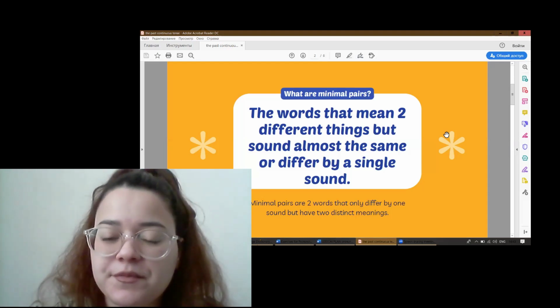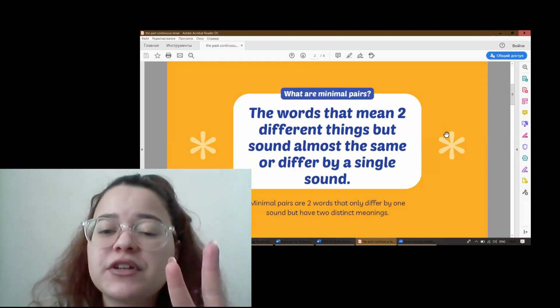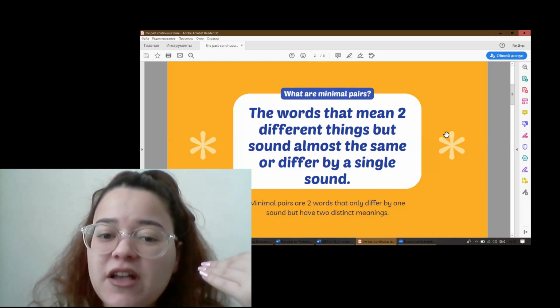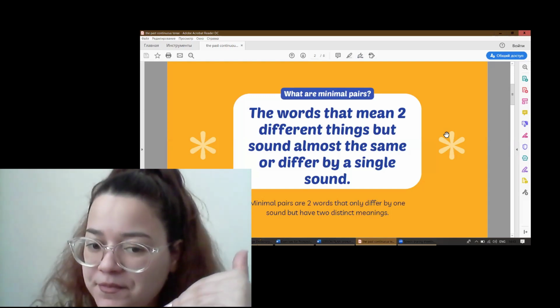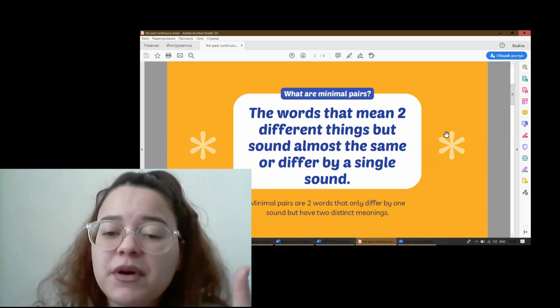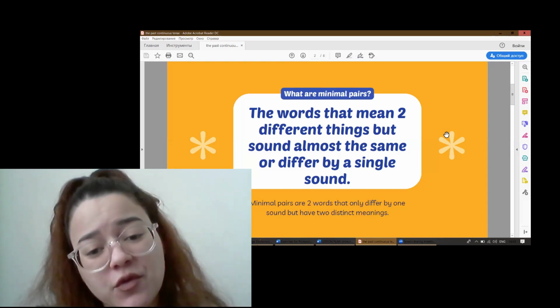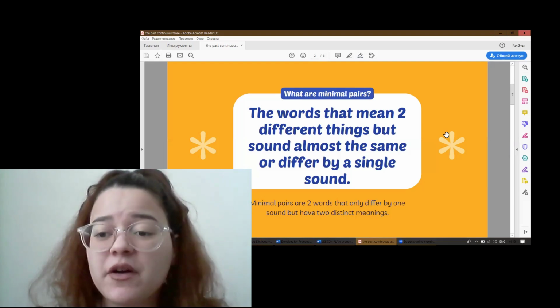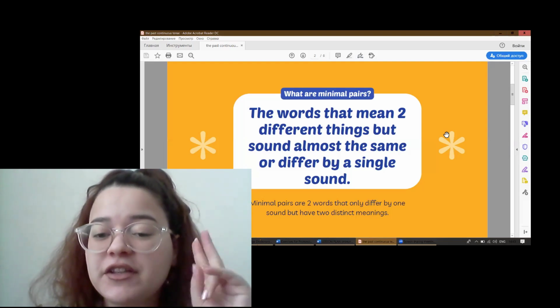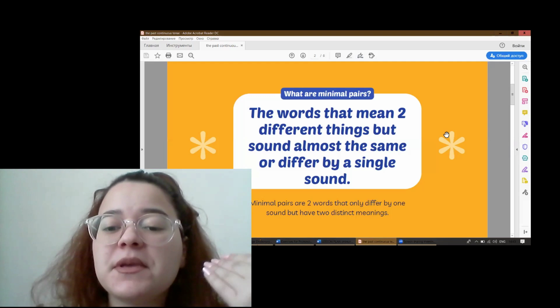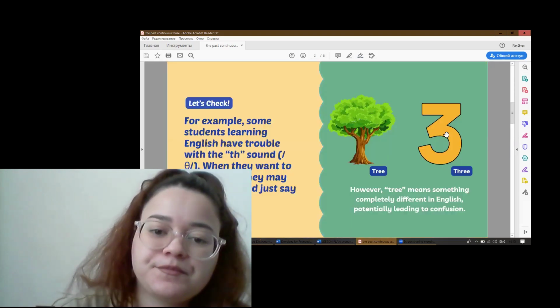The words that mean two different things but sound almost the same or differ by a single sound. Minimal pairs are two words that only differ by one sound but have two distinct meanings, guys.